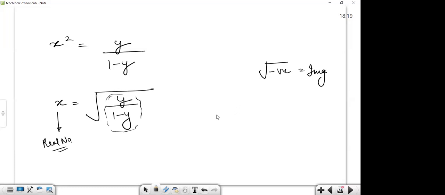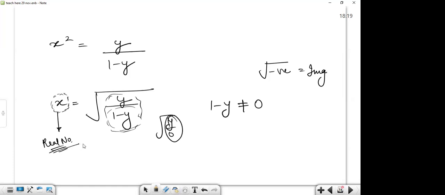So for all values of y for which this becomes negative, we don't have to consider those values. And also 1 minus y must not be 0. Why? Because if it becomes 0, then y by 0 will be an undefined term, which will make our x not defined.